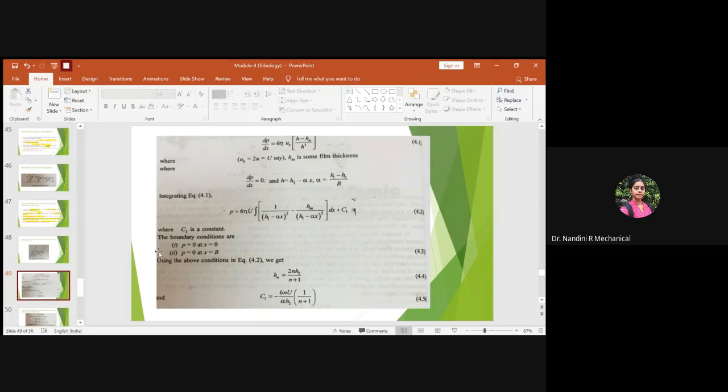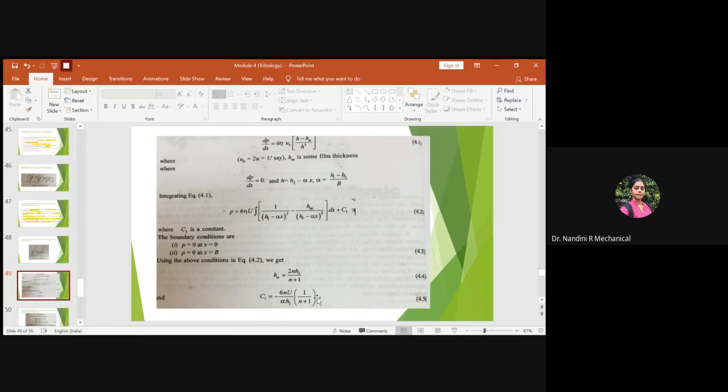So we have two boundary conditions to apply. So once you have integrated, you will put the value P is equal to 0. Here also the X term will be equal to 0. Then you will find out the value of C1. So when you put this condition, you will determine the value of C1.